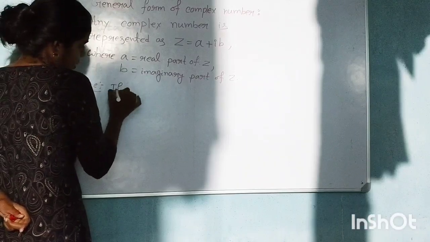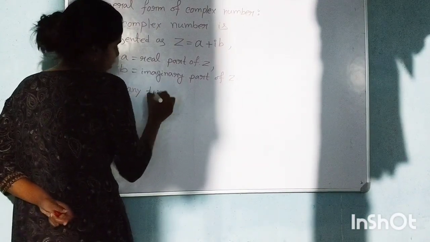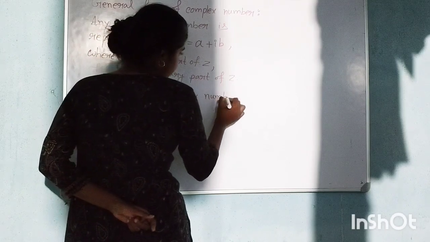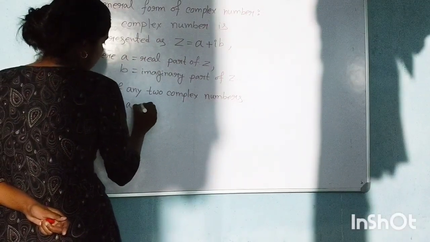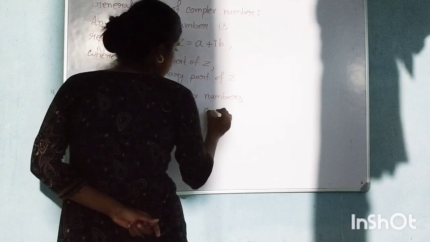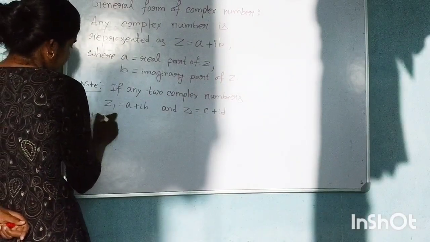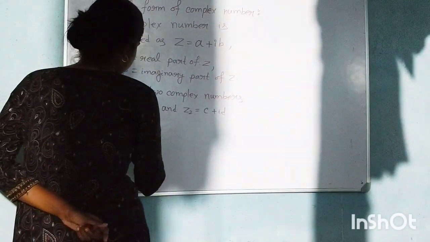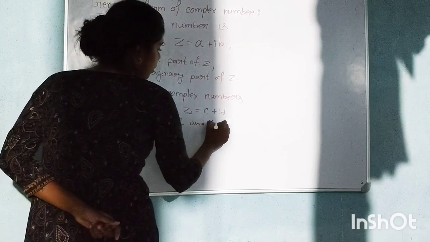If any two complex numbers, z1 equal to a plus ib and z2 equal to c plus id, are equal, then a equal to c and b equal to d.